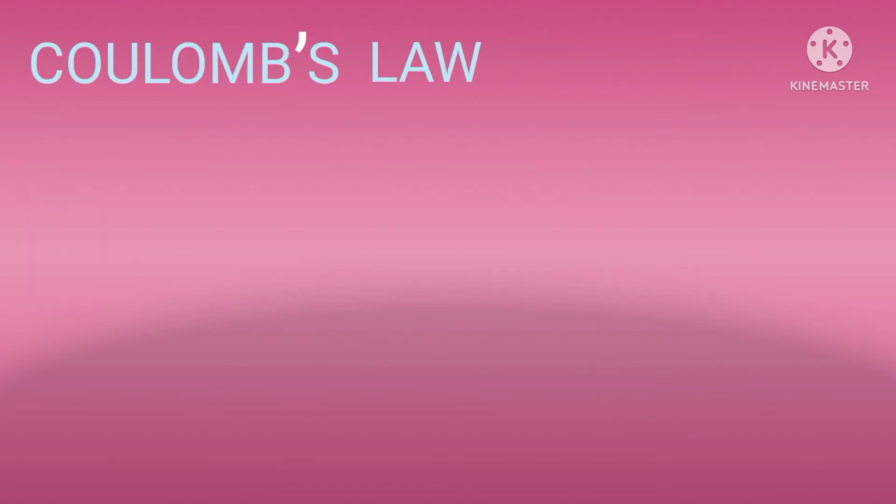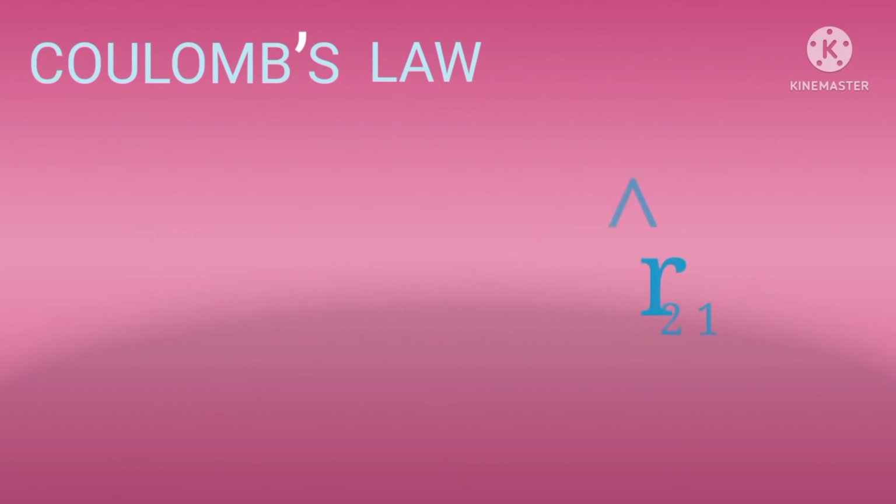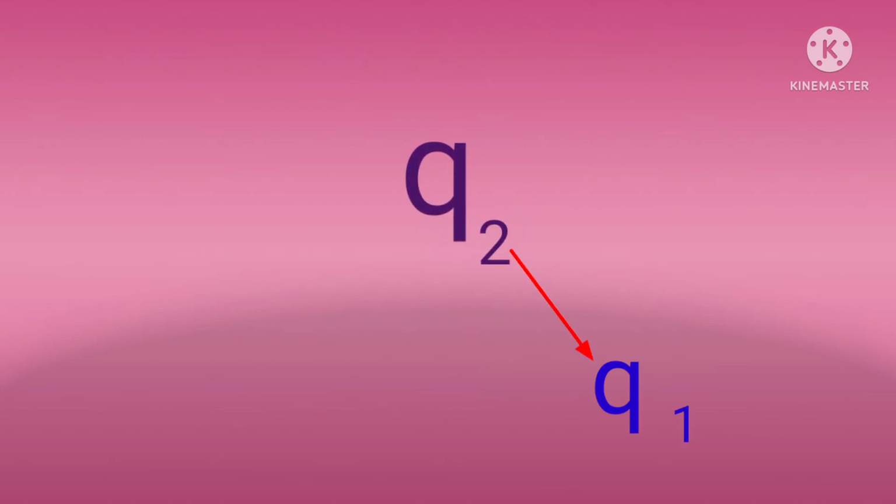According to Coulomb, the force on the point charge Q1 exerted by another point charge Q2 is F12 equal to k Q1 Q2 by r square r21 cap, where r21 cap is the unit vector directed from charge Q2 to charge Q1 and k is a proportionality constant.